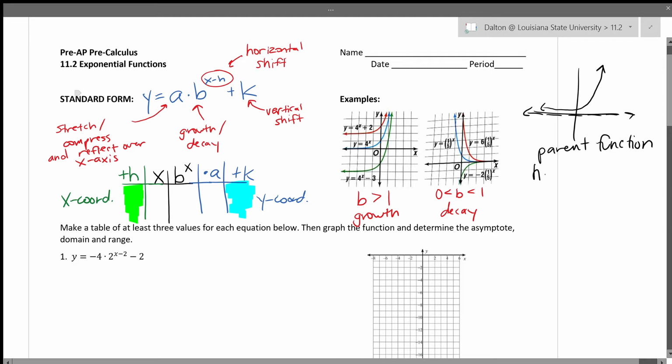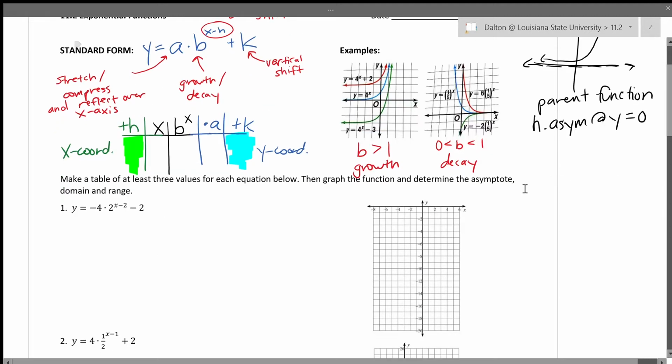So horizontal asymptote at y equals 0. So basically, when we take our parent function and we do any of this manipulation to it, minus h plus k times a, we are shifting that horizontal asymptote up and down. So we're going to graph that aspect as well.